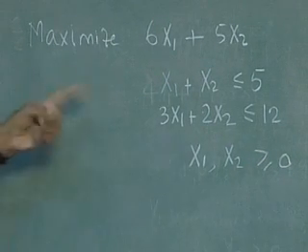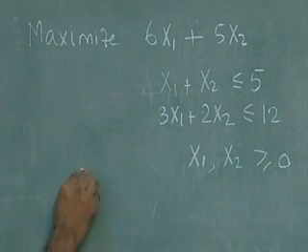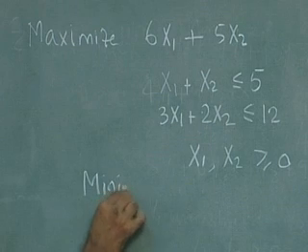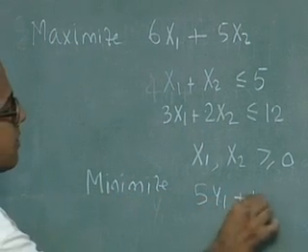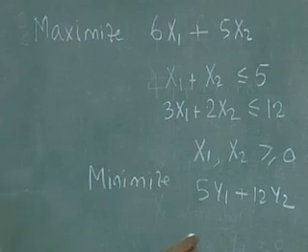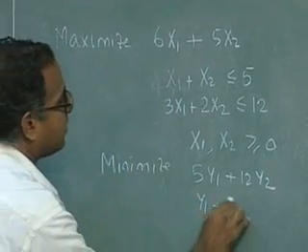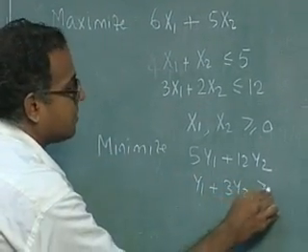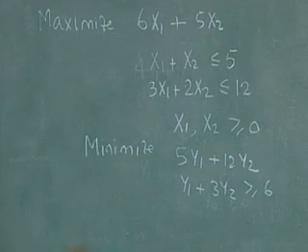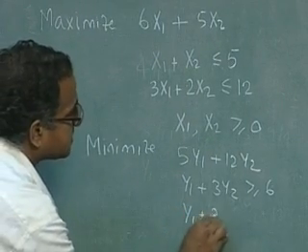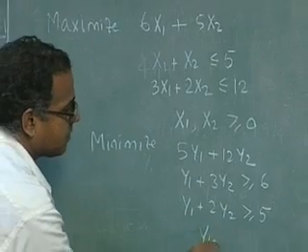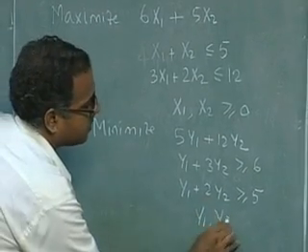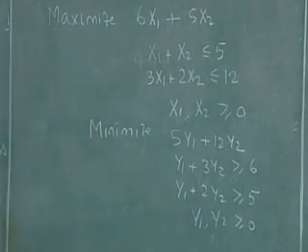Now the dual will have two variables y1 and y2. So the dual will be to minimize 5y1 plus 12y2 subject to y1 plus 3y2 greater than or equal to 6, y1 plus 2y2 greater than or equal to 5, y1, y2 greater than or equal to 0.